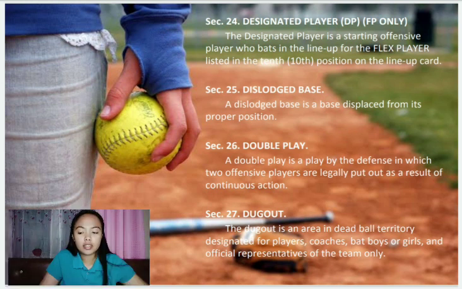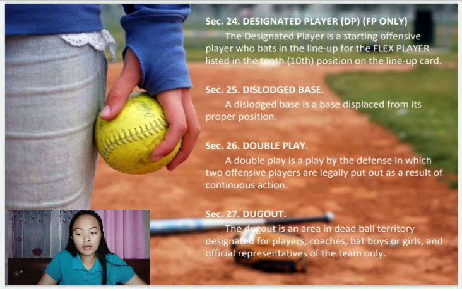So, let's move to section 25, the dislodged base. A dislodged base is a base displaced from its proper position. Next is section 26, the double play. A double play is a play by the defense in which two offensive players are legally put out as a result of continuous action.